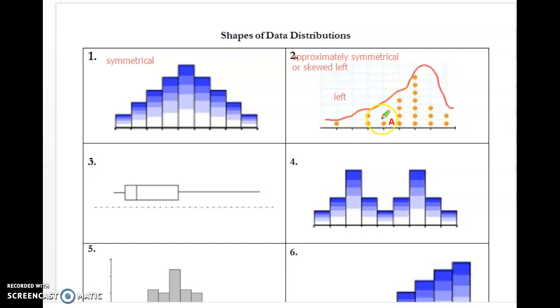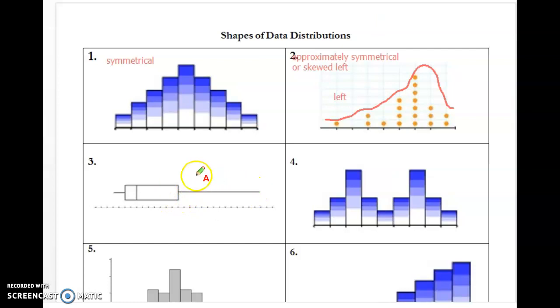Okay, the tail is on the left, so you could consider it skewed left. But also, if you look right down the middle of it, the left and the right aren't that different. So probably most of you would think this is skewed left, but I could see a case for almost symmetrical as well.